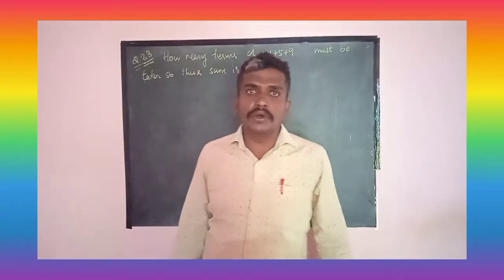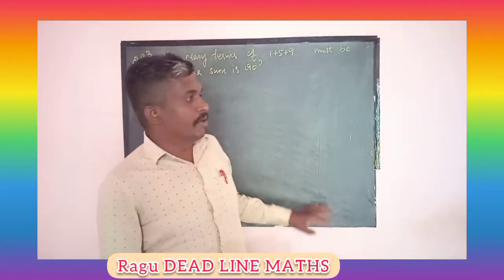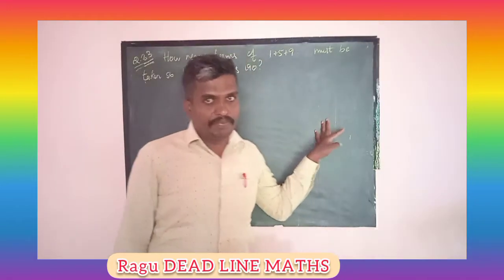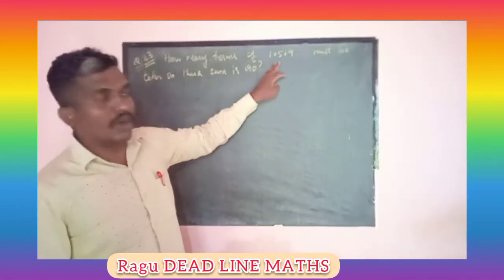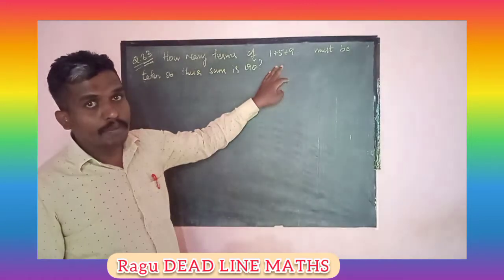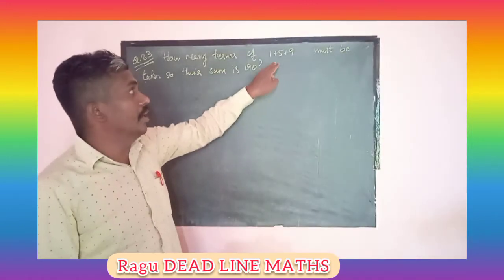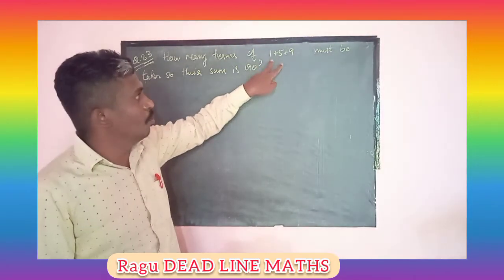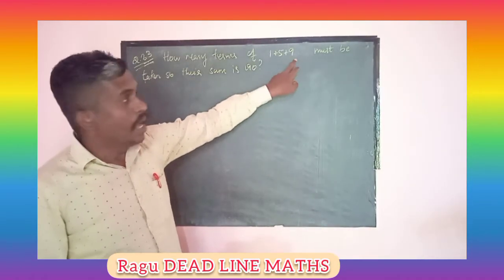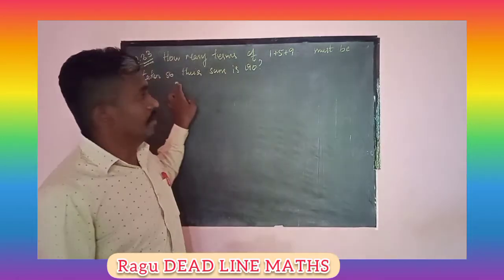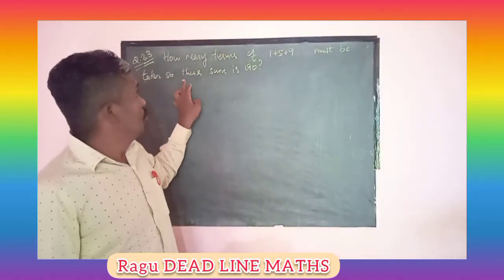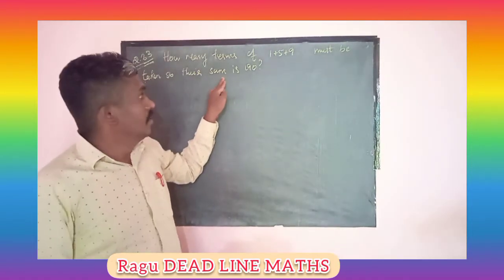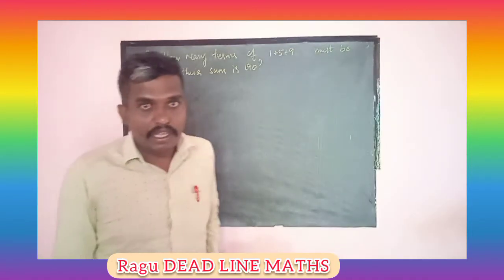Students, in this video we will see Example 2.33 on arithmetic progression. How many terms of the AP 1 + 5 + 9 must be taken so that their sum is 190?